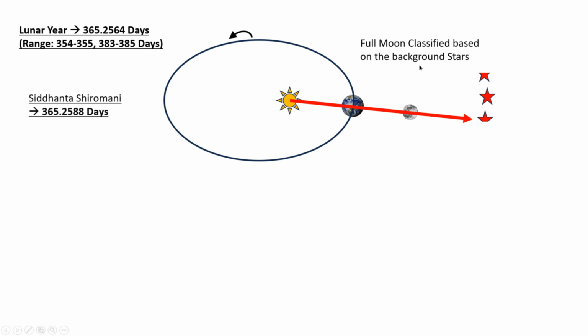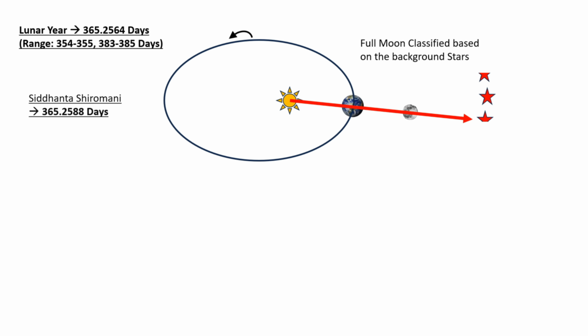So we already looked at this lunar sidereal calendar based on the distant stars, where the full moons are classified based on the background stars, and we also looked at these periodicities in the previous slide. We saw that whether it is 365.2564 or 365.2588 or whatever the periodicity, it will still be drifting. The seasons will still be drifting from their designated months.